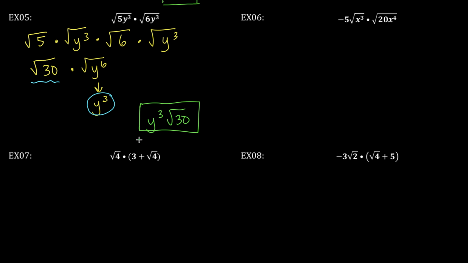Okay, let me get that a little better. Oh, that's fine. So I'll give you an example. I'm just going to put -5 here. There's nothing to multiply by, so we'll just leave it. We have x to the 3rd times square root of 20 times square root of x to the 4th. So this is the only one outside, so I'll do this.